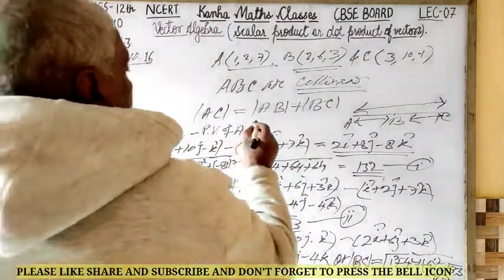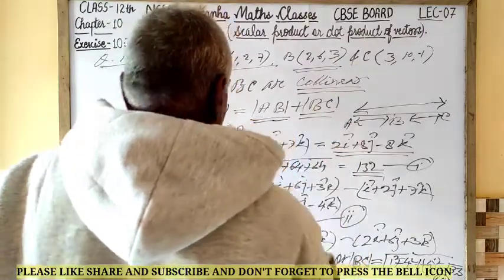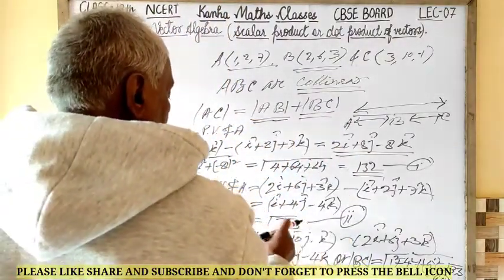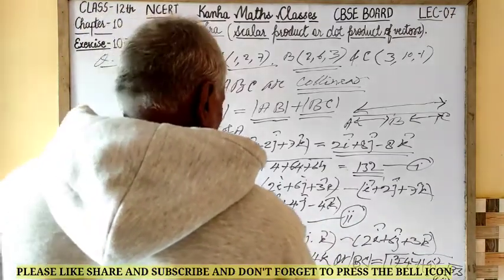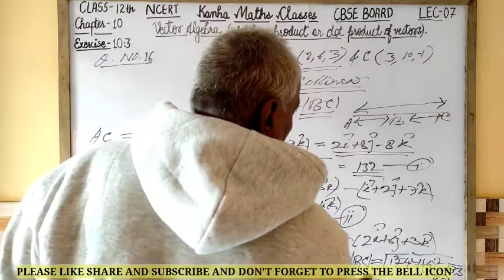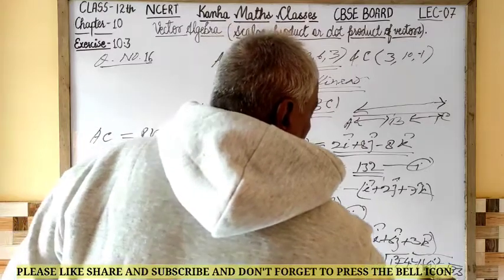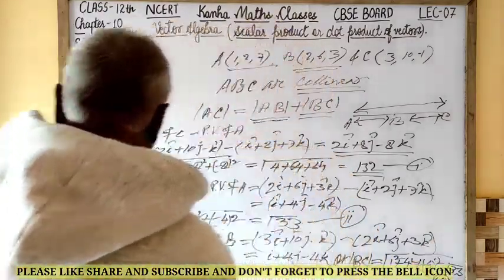Here we will have to prove mod of vector AB plus mod of vector BC. Mod of vector AB according to equation 2 is root 33, and mod of vector BC according to equation 3 is root 33.